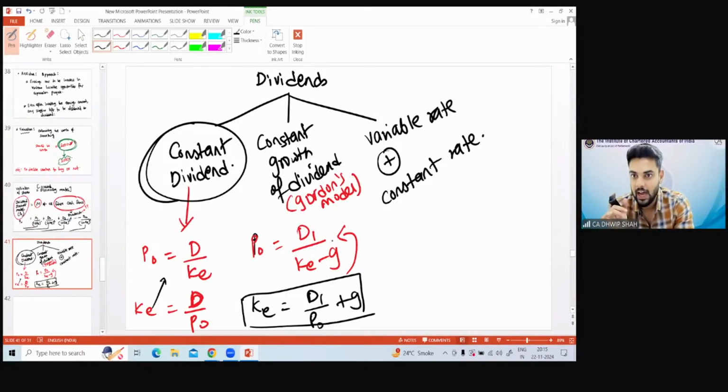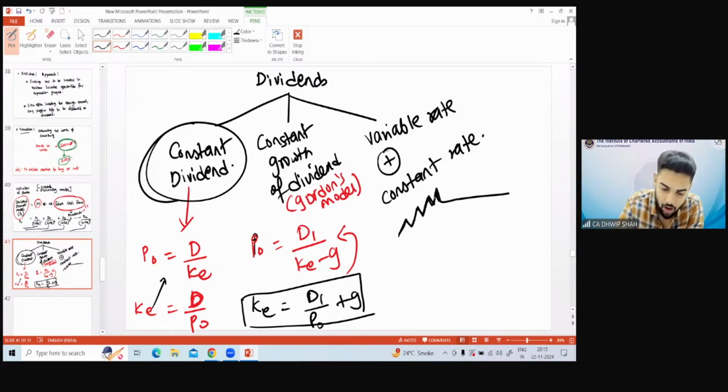Now under the third approach, see how the third approach is. Under the third approach, dividend will grow at a variable rate initially, and after a certain point in time, it will grow at a constant rate. This is the third approach of the dividend discount model. So can I say under the third approach, since dividend is growing at a variable rate initially, I cannot apply this formula? Why?